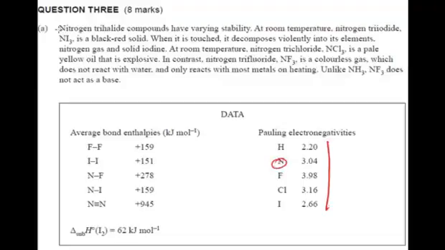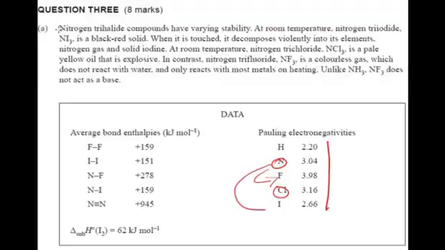Nitrogen is obviously common to all of them, and it's immediately apparent that chlorine and nitrogen have a fairly similar electronegativity, so we wouldn't expect a significantly permanent dipole there. Nitrogen as compared to fluorine, they're reasonably different in terms of electronegativity, so I would expect some kind of permanent dipole between those two atoms, and obviously the actual molecular symmetry would determine whether we had an overall polarity for the molecule and whether those dipoles cancelled or not.